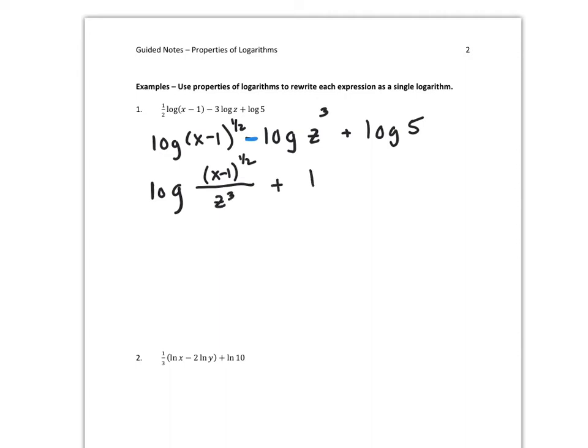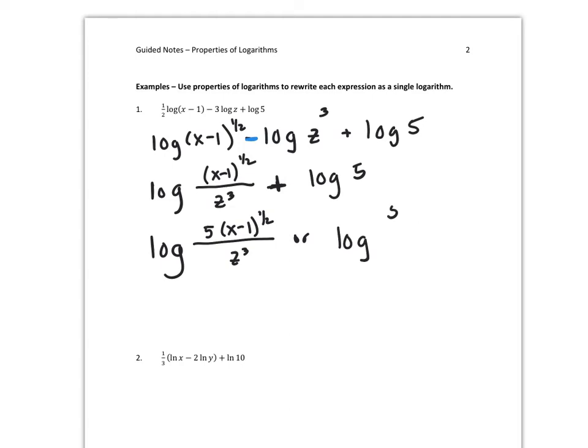And then you've got plus log 5. What do you do with addition? It turns into multiplication. That's going to be log of 5 times x minus 1 to the 1/2 over z cubed. Or you could write it as log of 5 square root of x minus 1 over z cubed.